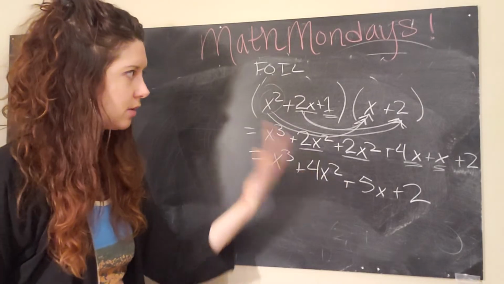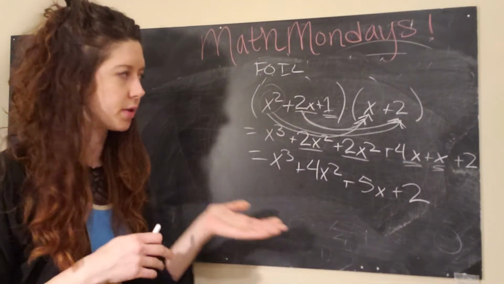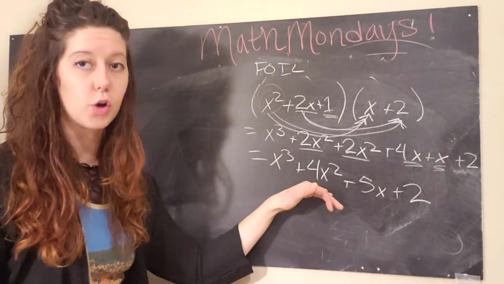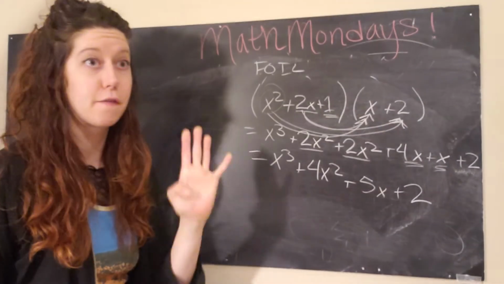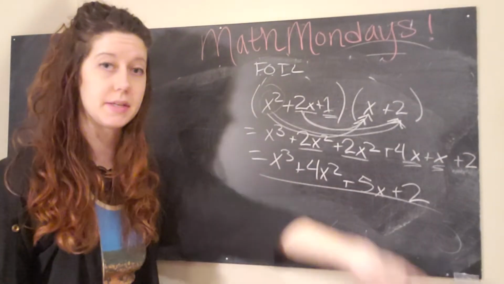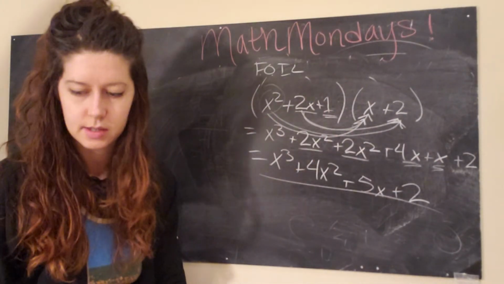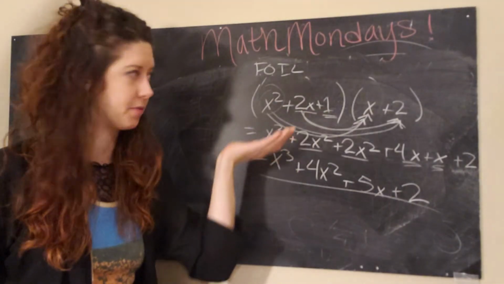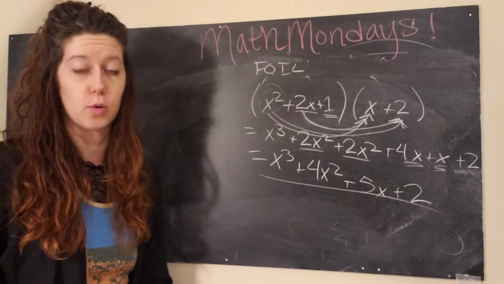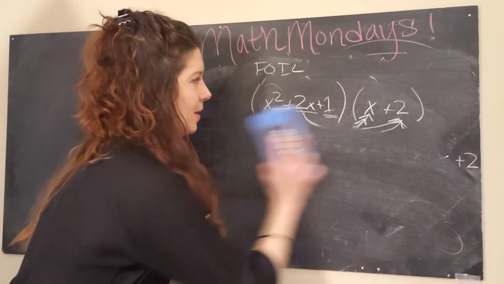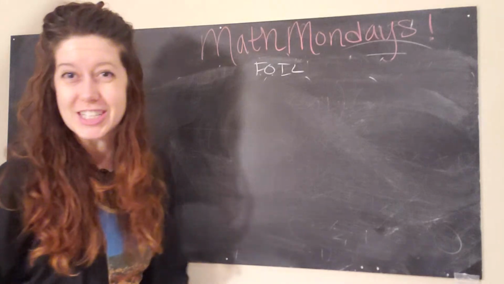You'll notice in the last example when we had x plus 3 times x plus 2, we ended up with a polynomial that had 3 terms in it. And now this polynomial has 4 terms in it. It makes sense because we have an extra term in this first starting equation. There's actually a pattern here, so do more examples and you'll start to see it.